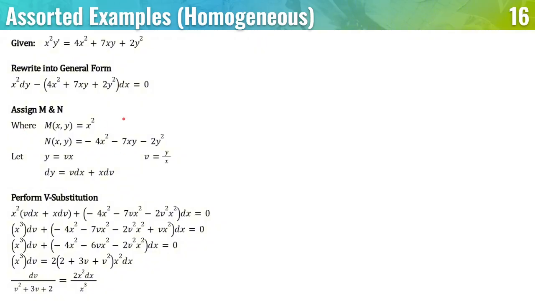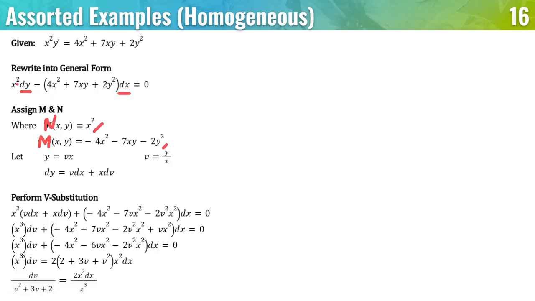Oh, okay. My bad. This is actually a typo. This should be N and this should be M. So I'll be updating the slide soon. This is M because it's with dy, and this is N because it's with dx.